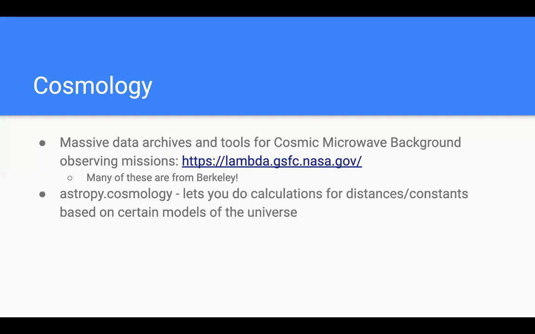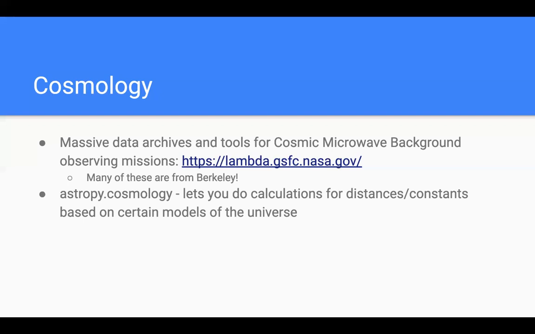But also one specific thing I looked into here is cosmic microwave background observing missions. There's dozens and dozens of these. Many of them are based out of Berkeley, and all their raw data and a whole lot of their tools are on NASA.gov over here. So throughout Astro, you see the unifying thing of NASA is very generous with their data.